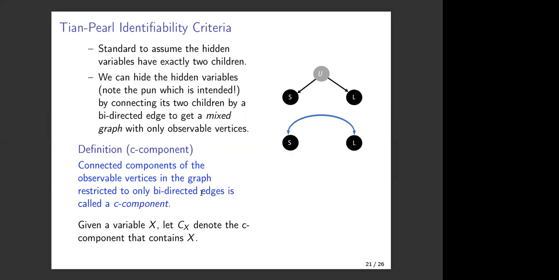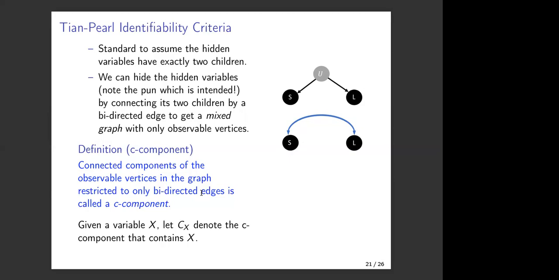One thing that is not yet clear to me is whether it is without loss of generality or not, but in any way it makes a lot of sense and it is assumed. If that is the case, we can hide the hidden variables from this graph by just connecting its two children with a bidirected edge.